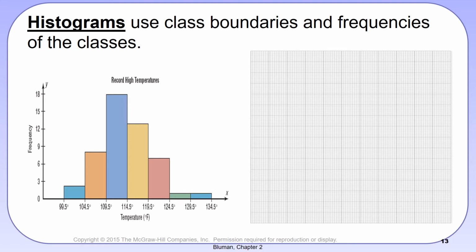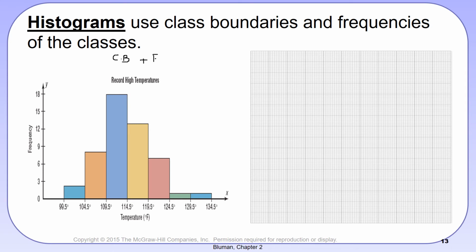After completing the frequency distribution table, we need to draw a histogram using class boundary and frequency.